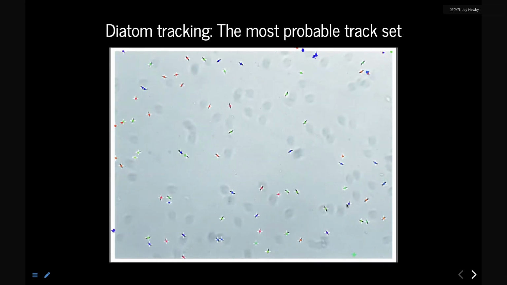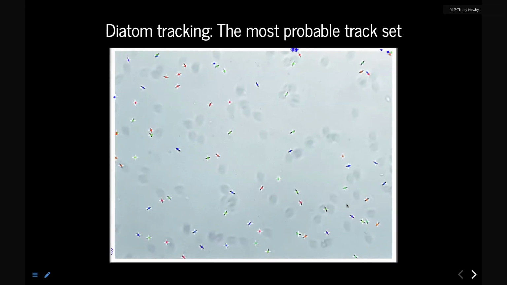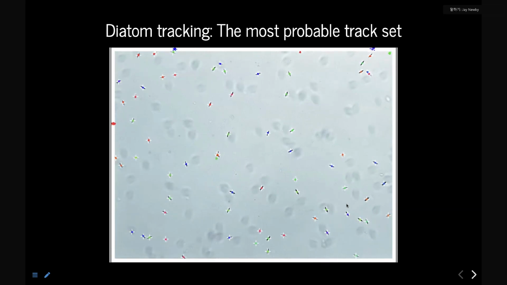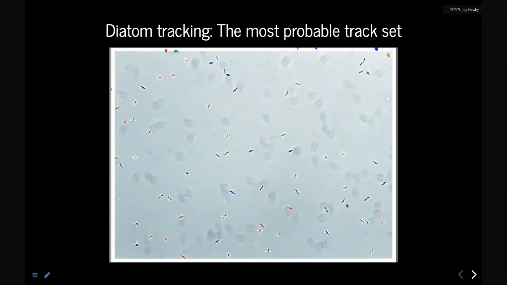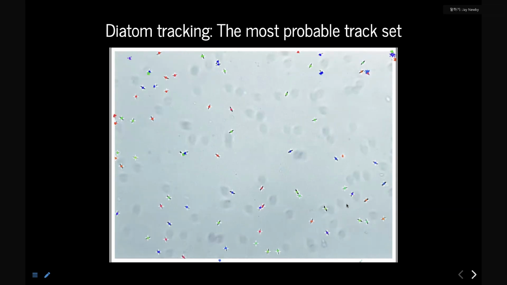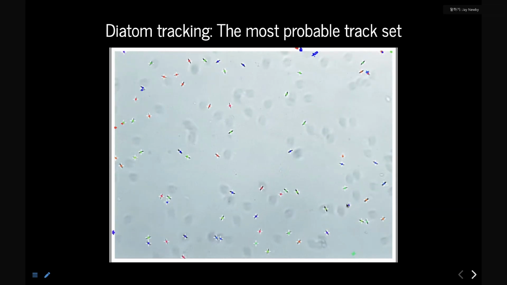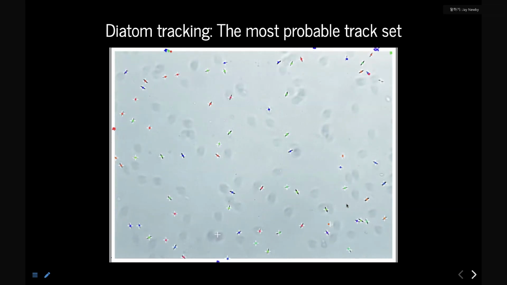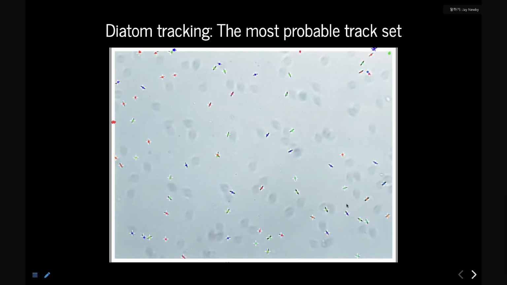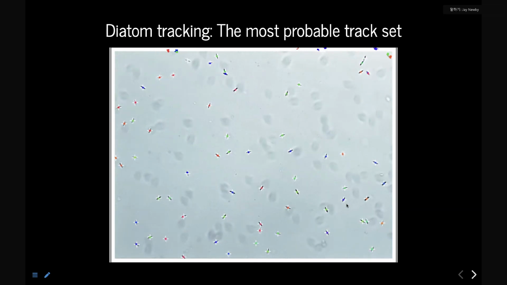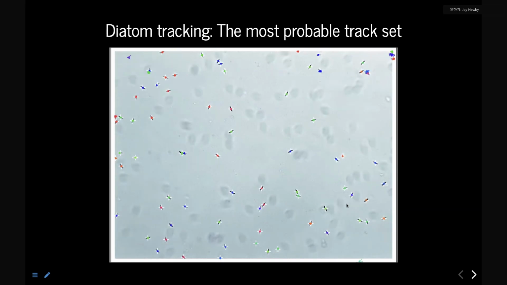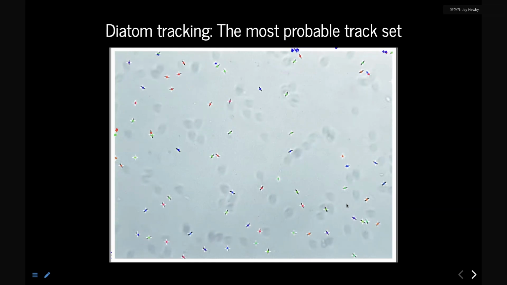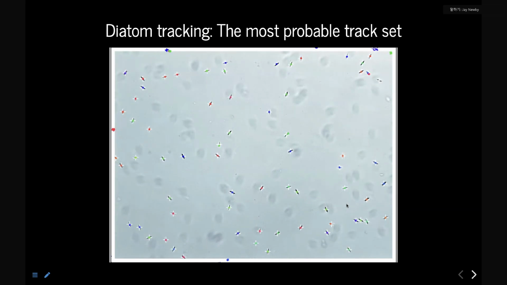So what this is, there's actually a thin layer of water over the agar, and diatoms will swim or they crawl. They'll either swim at the air-water interface or they'll crawl at the agar-water interface. One or the other. They don't swim in the middle. So they're swimming in two layers, and this layer of water is so thin that the diatoms on the other layer are just barely out of focus.